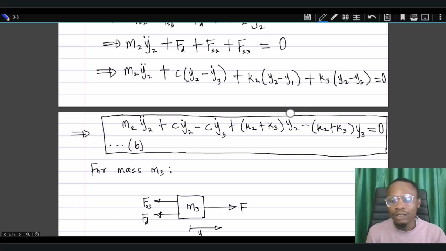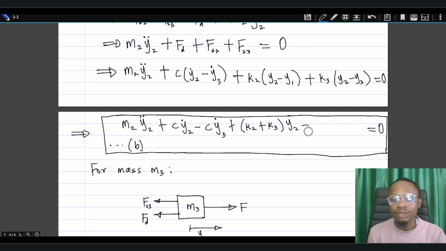This expression here is meant to be c y2 dot, minus c y3 dot, then k2 y2. That is k2 plus k3 y2, but this is not k2 plus k3, please. This is k2 y2, minus k2 y1, then minus k3 y3, so they ought to be separately written.